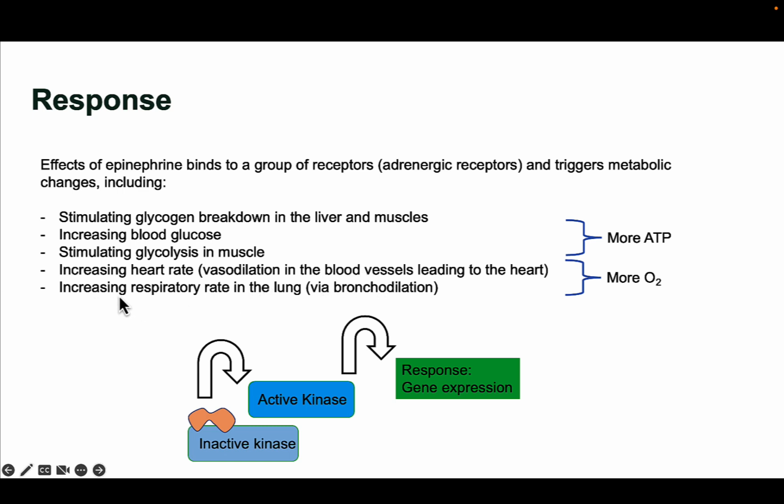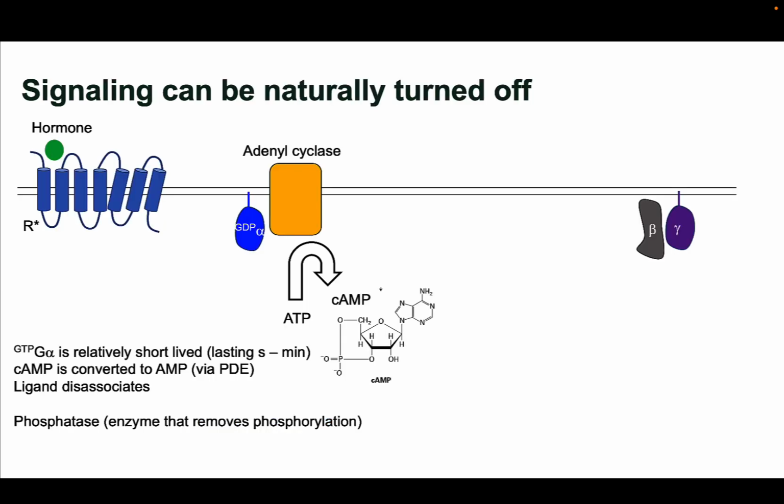If it binds to cells in the lung, it increases the respiratory rate via bronchodilation. So this means more oxygen, so that this oxygen can be used by the electron transport chain to make more ATP. Now, I don't expect you to definitely memorize this list, but I just want to give you a connection to how a signal can transmit into something that's useful for a multicellular organism.